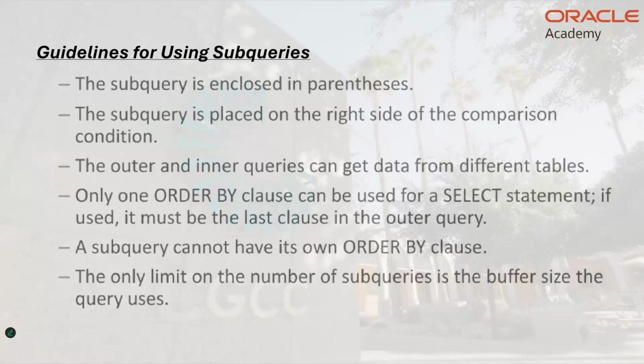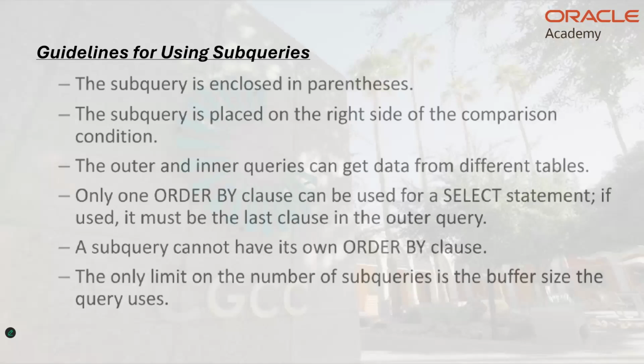The general guideline is to place it on the right of that comparison. The outer and inner queries can get data from different tables. Only one order by is allowed, and it should be the last. As you know, the order by is always the last clause in your select statement, and it's usually associated with the outer query. Remember that.